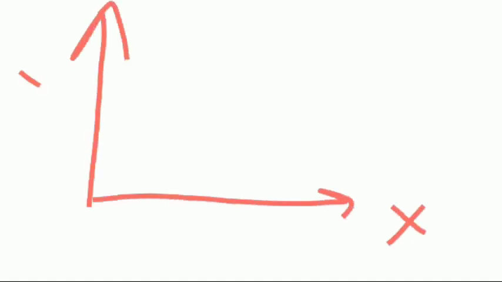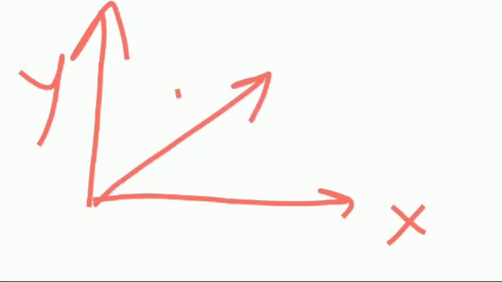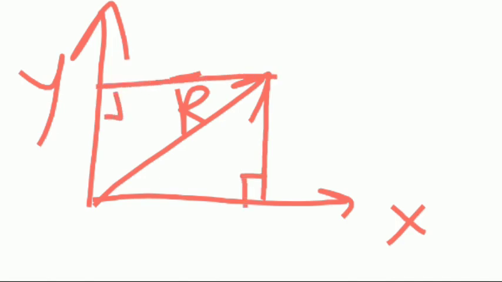For resolution of a vector, we can consider two perpendicular axes, which we generally call the x-axis and y-axis. Suppose this is a vector, let's say r bar. So how do we resolve this vector? We will draw a perpendicular to the x-axis and similarly to the y-axis.